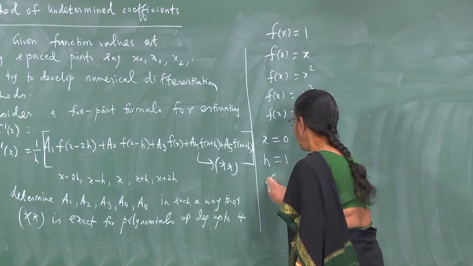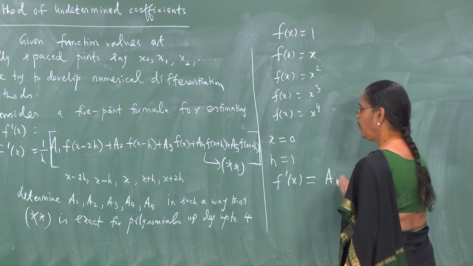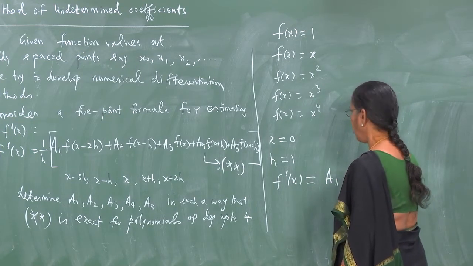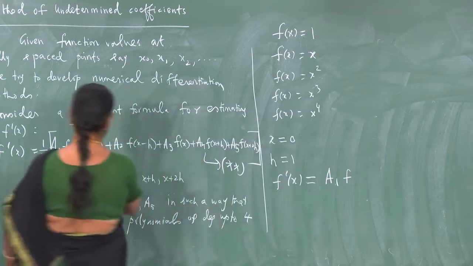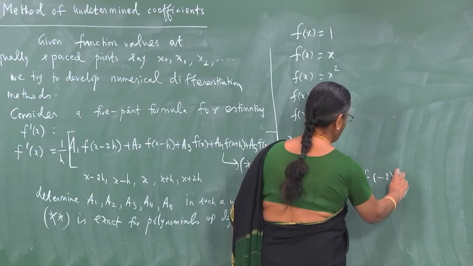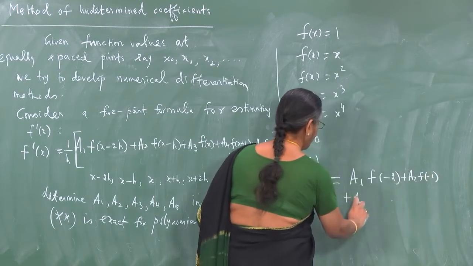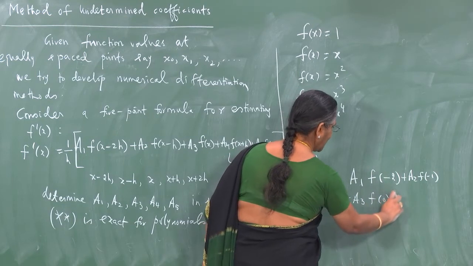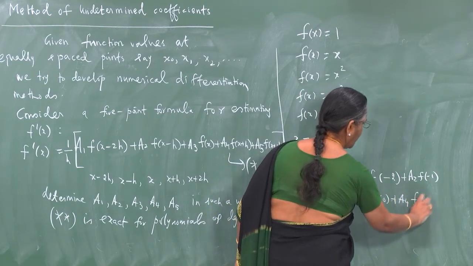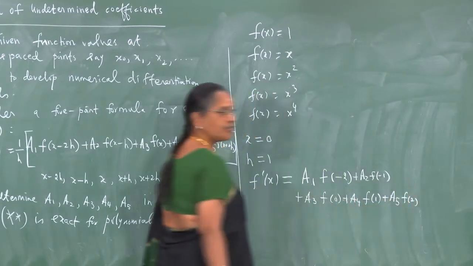So, we take f prime x to be of the form a1 into f at minus 2 plus a2 f at minus 1 plus a3 f at 0, plus a4 into f at 1 plus a5 into f at 2.